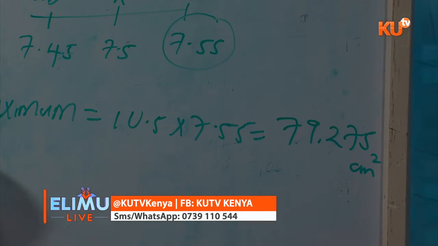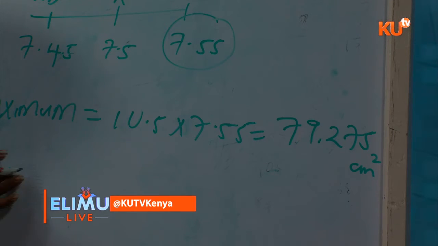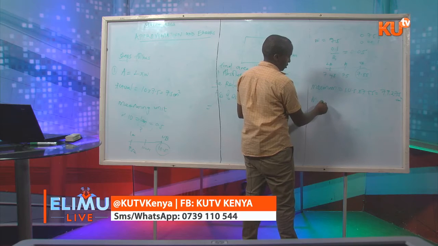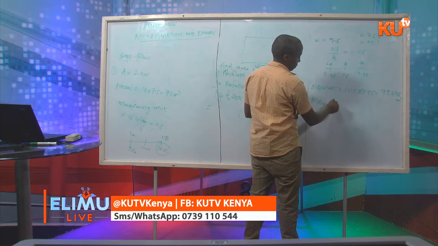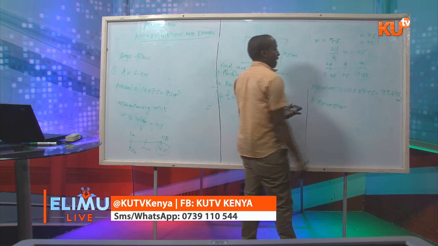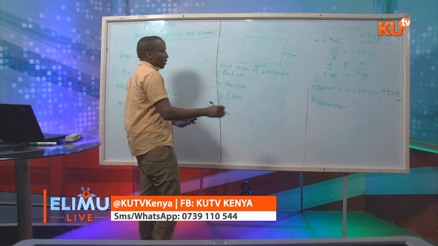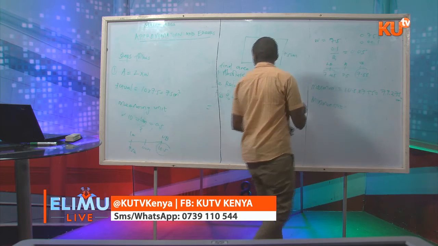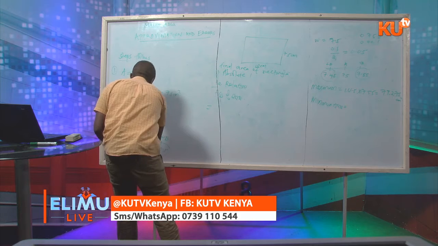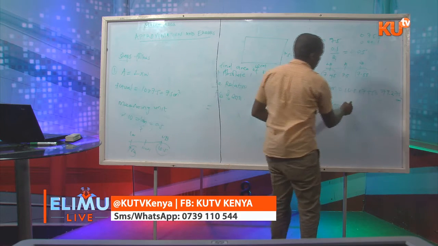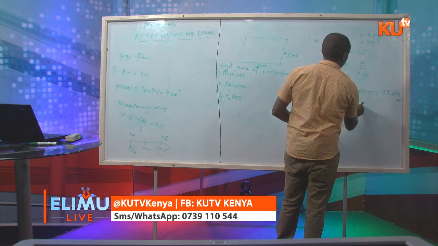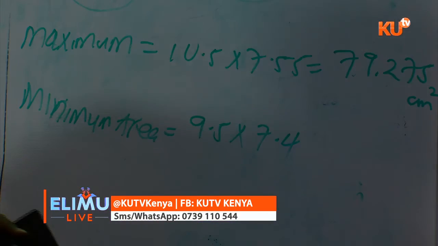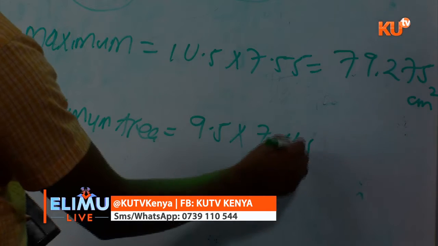So we get our minimum area. Our minimum area is given by the lower bound of our measurements. So the lower bounds are 9.5 multiplied by 7.45.